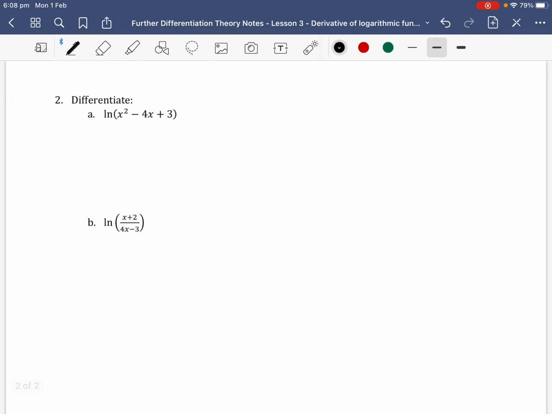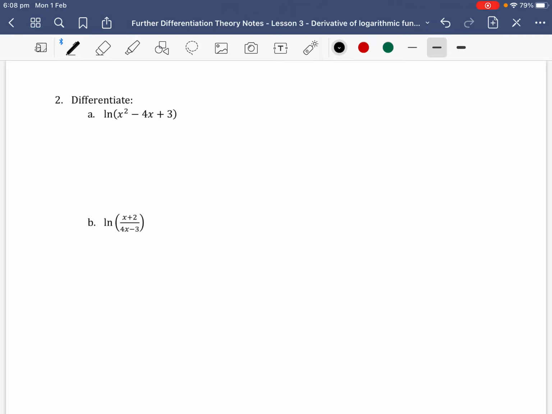Now we're going to have a go at differentiating, having to use the chain rule. So we have ln of a function. In our first example, we have ln of x squared minus 4x plus 3.